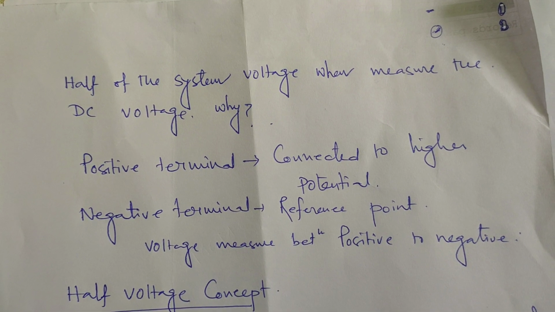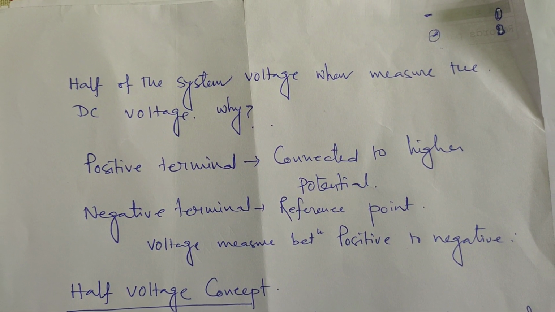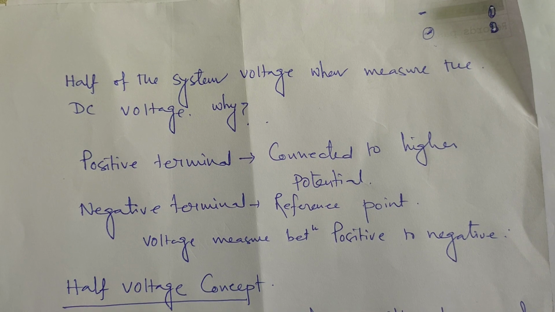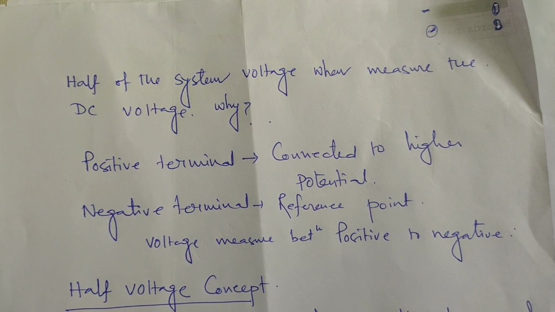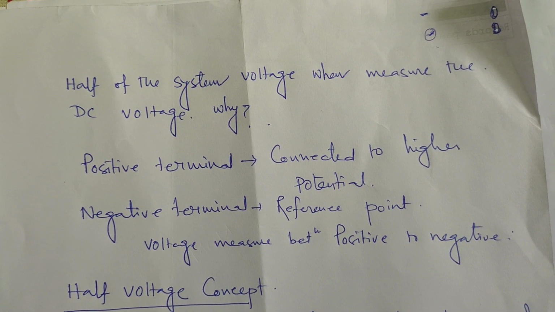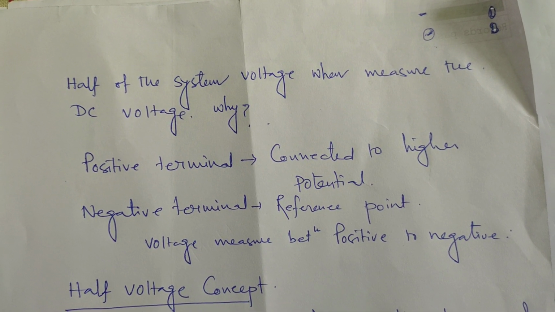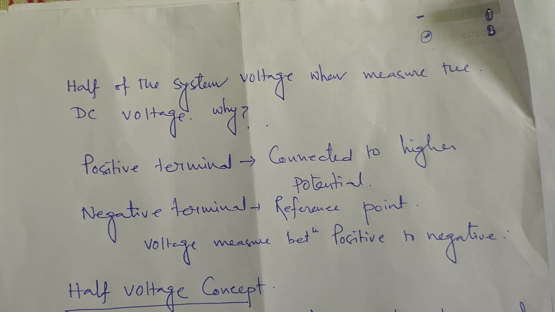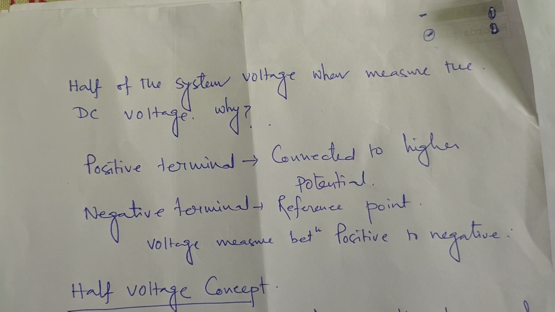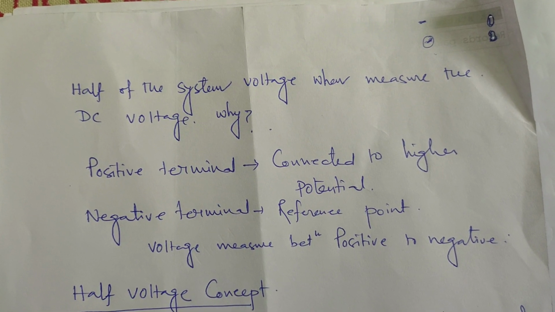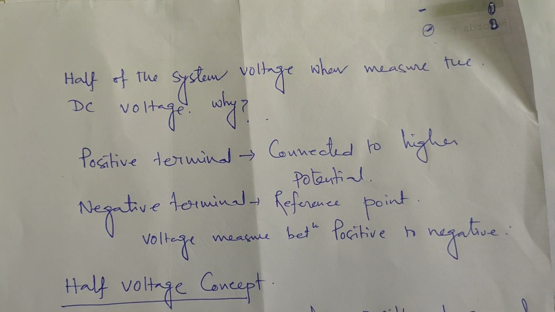So in between the positive terminal and the negative terminal, if you measure with the help of a multimeter, if it is a 110 volt DC battery charger or battery bank, you will get 110 volt DC. If it is a 220 volt DC battery charger or battery bank, you will get 220 volt DC.